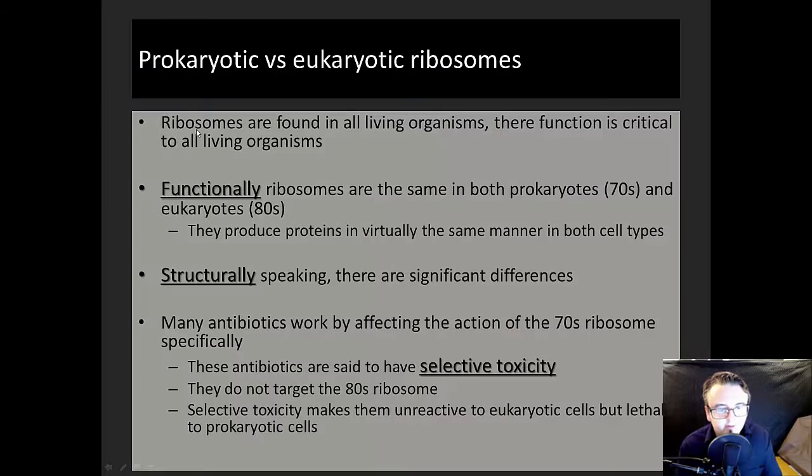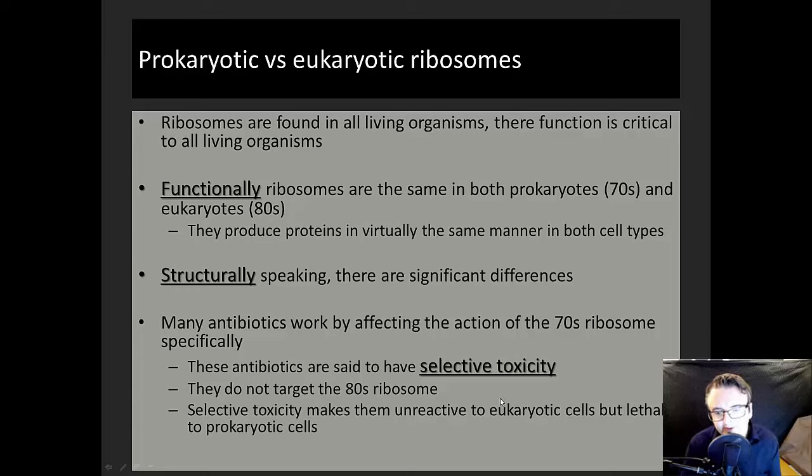But the last thing I want to leave you with is an example of why the difference between an 80S and a 70S ribosome is significant. Generally speaking, they're different, and there are lots of subtleties there. But a big picture thing that's significant is a mechanism by which certain drugs work, called selective toxicity.